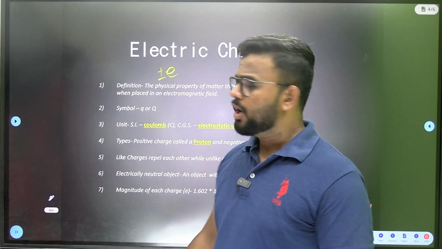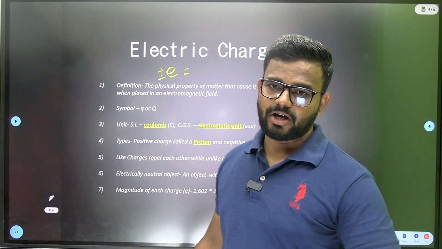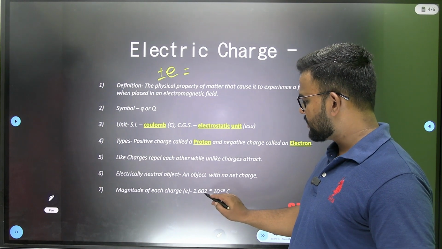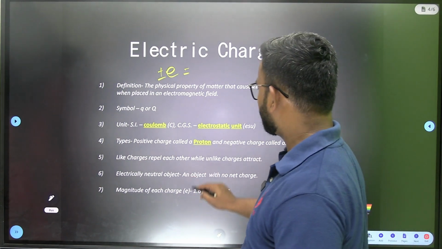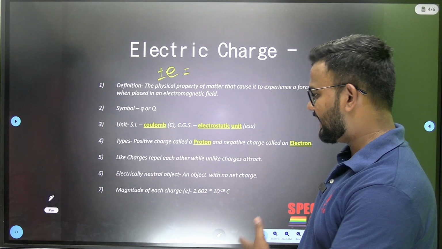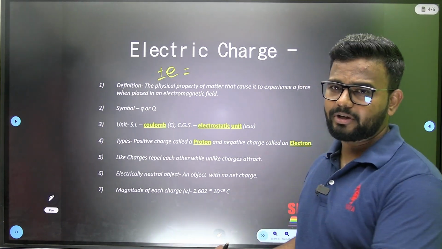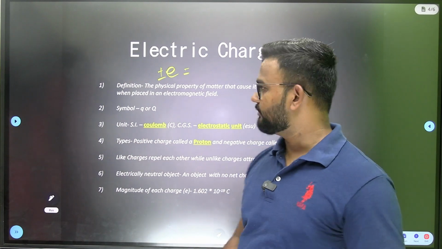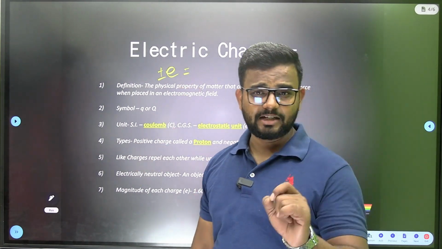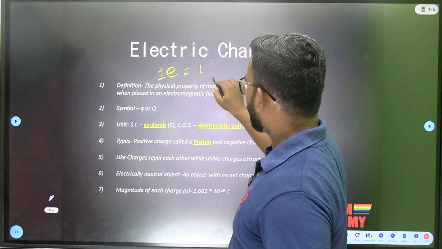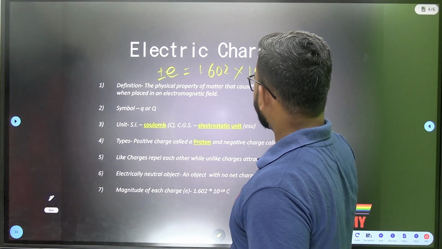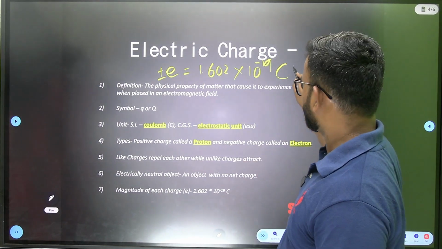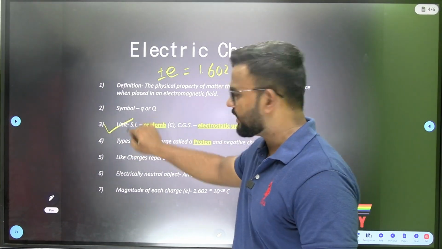So the magnitude of a single charge, either proton or electron, is 1.602 into 10 to the power minus 19 coulomb. Since the font size is small in this video, I'll write it down here so you won't have any confusion. Remember, coulomb is the SI unit of electric charge.